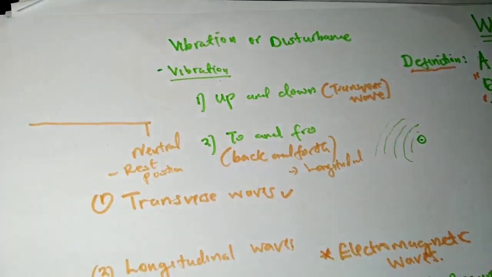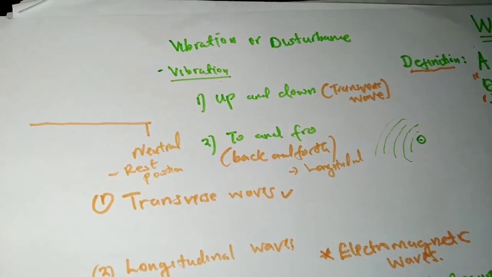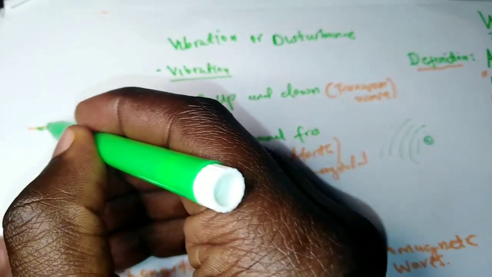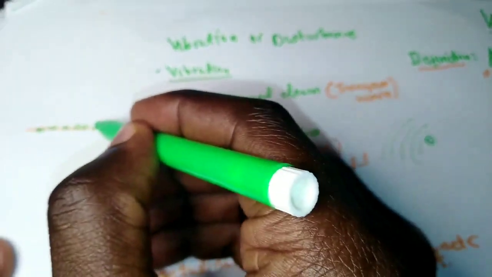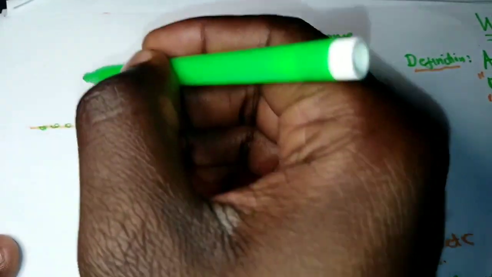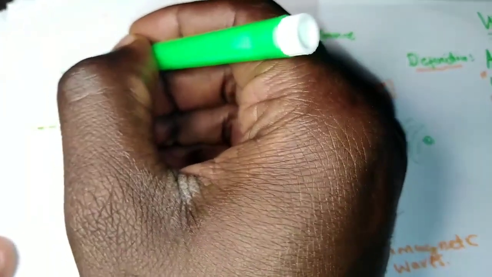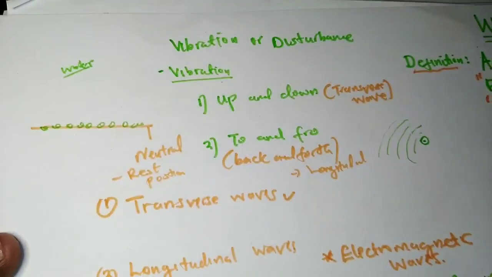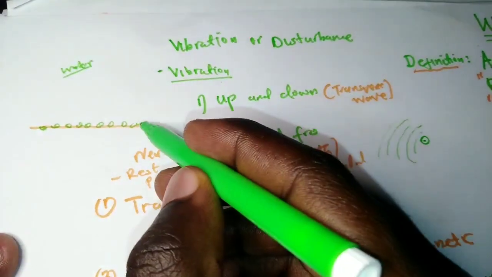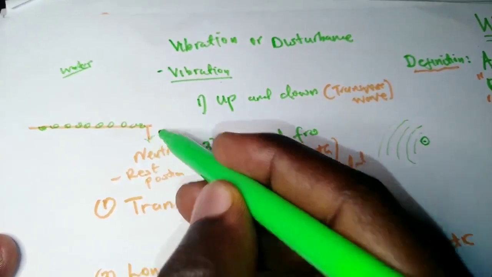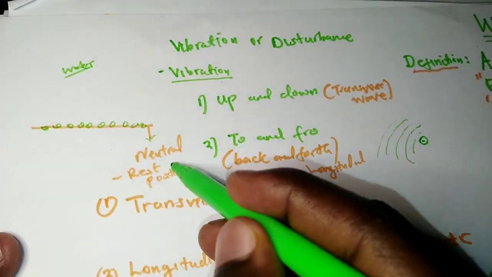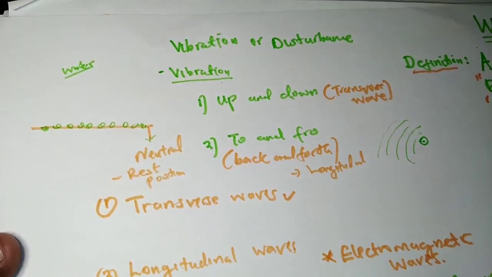In this diagram you have these particles seated there, resting in their position. Let's say this is in water. You have these particles resting there, fixed in their resting position, or neutral position, or equilibrium.